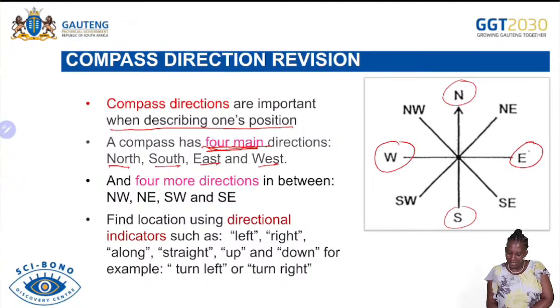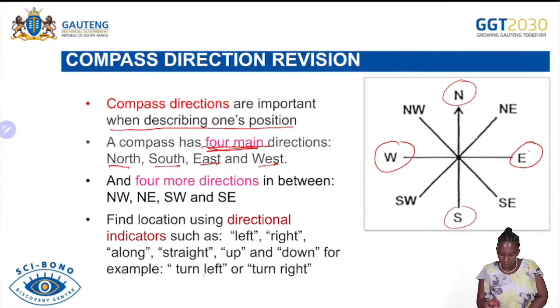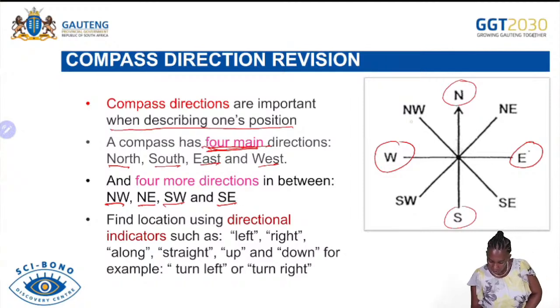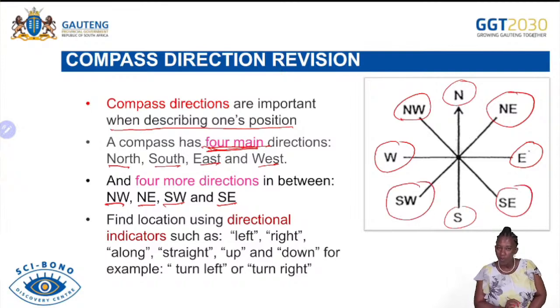And 4 more directions in between, because remember, it's not always that a place is right on the north or right on the south or right on the east or right on the west, but it can also be in between. So in between we have 4 more directions, which will be northwest, northeast, southwest, and southeast.